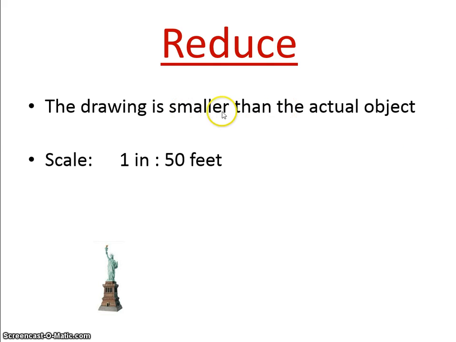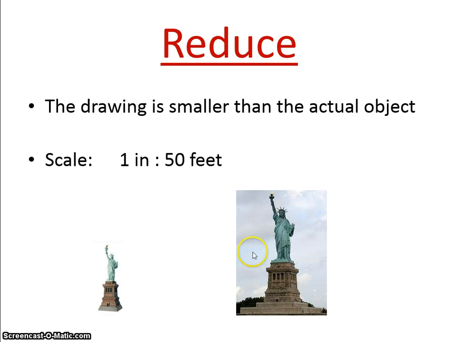When a drawing is smaller than the actual object, we call that a reduction or to reduce. You would need to reduce the size of the Statue of Liberty if you wanted to draw it, because the real one is much too large.